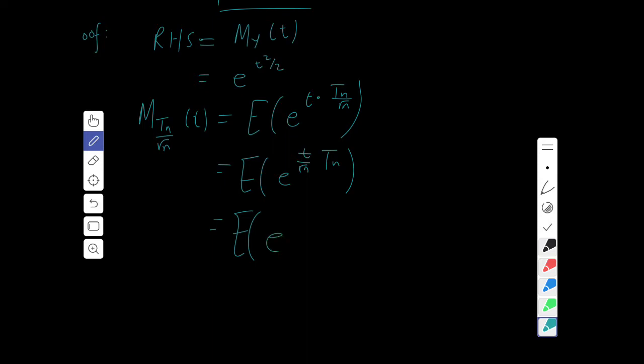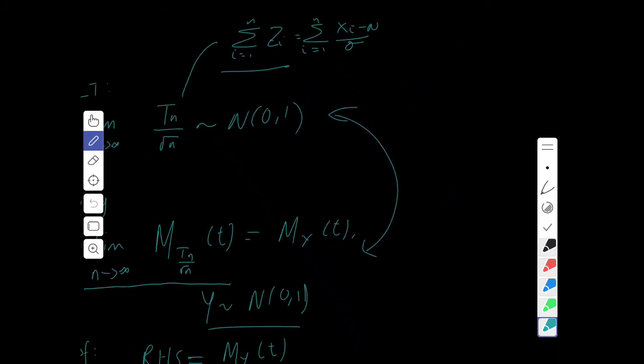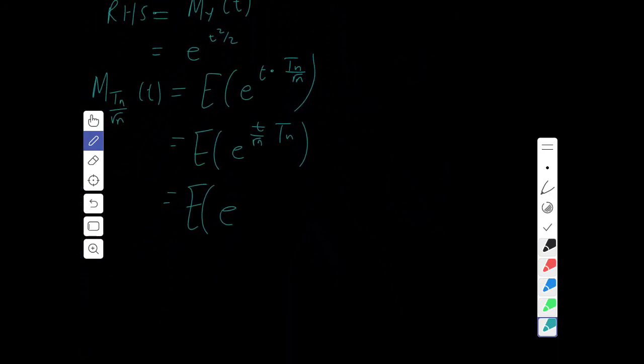Now we need to look at what Tn is equal to, and if we look over here, we'll see Tn is just the sum of the Zi's from 1 to n. So this is e to the t over root n times the sum from i equals 1 to n of Zi.